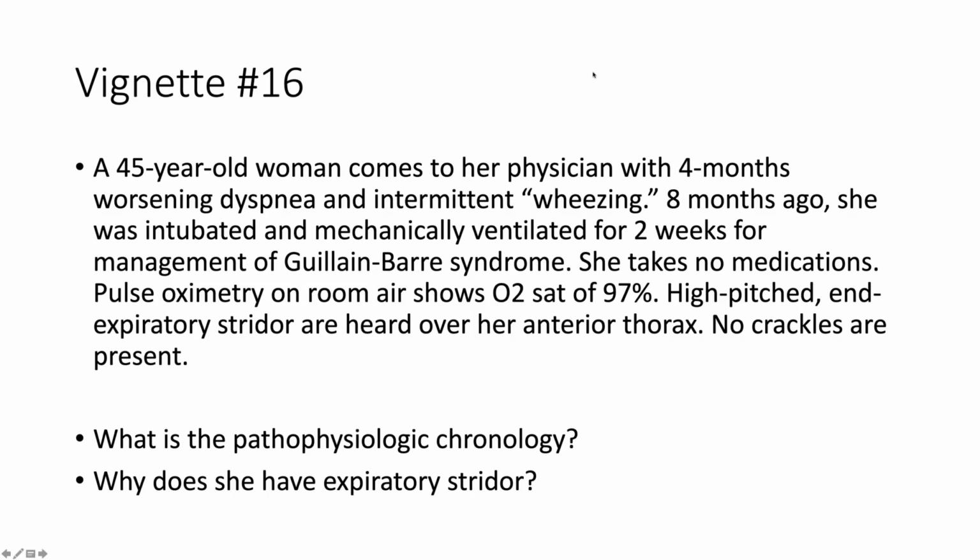Pulse oximetry on room air shows O2 sat of 97%. High-pitched and expiratory stridor are heard over her anterior thorax. No crackles are present. What is the pathophysiologic chronology? Why does she have expiratory stridor?